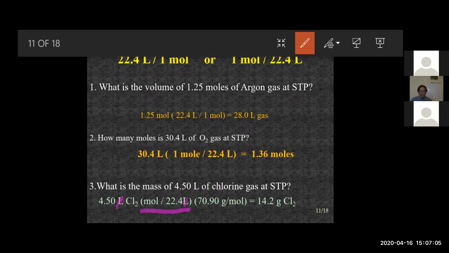Once we know that, to get to grams, we use the molar mass of chlorine, 70.90, which then gives us what we're looking for, the mass of chlorine. So 4.5 liters of chlorine gas at STP will have a weight of 14.2 grams.